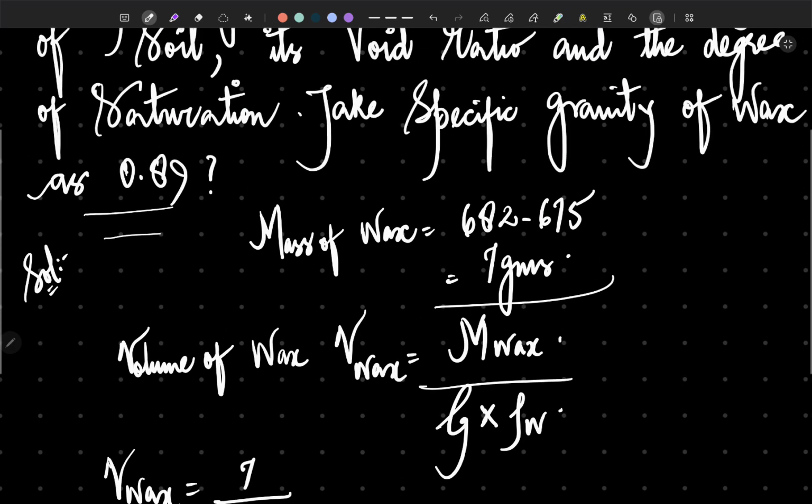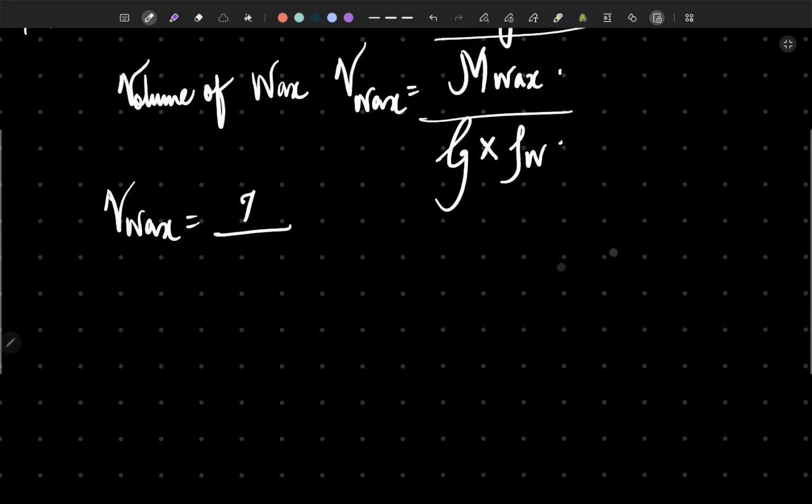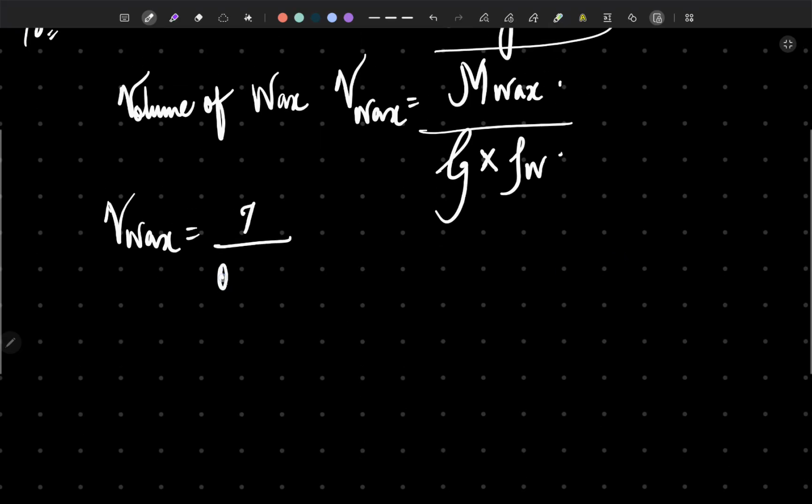Take the specific gravity of wax as 0.89, multiplied with the density of water, that is 1 gram per cc or 1 gram per milliliter. By calculations it's equal to 7.865 milliliters.